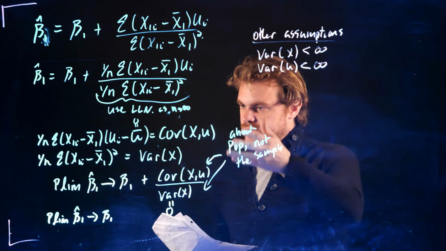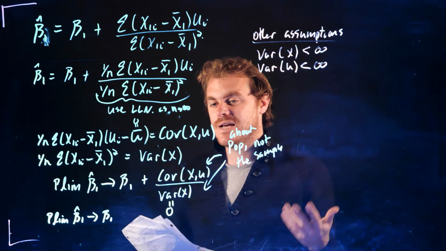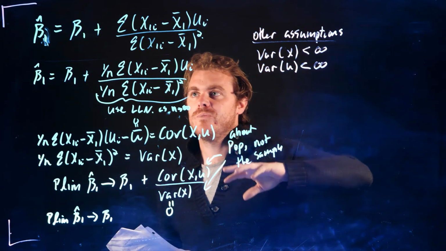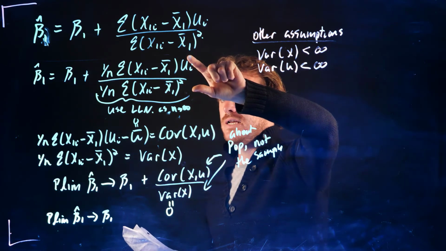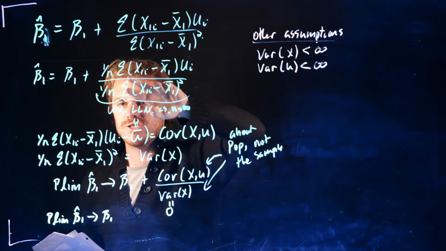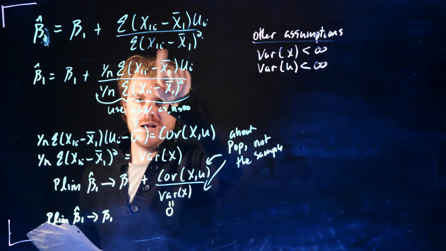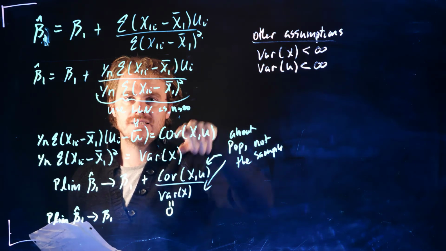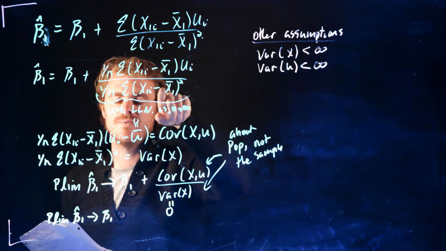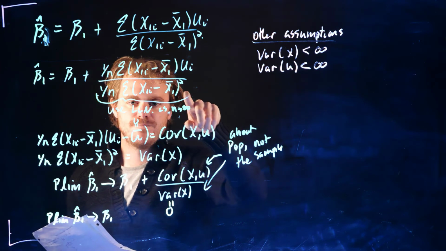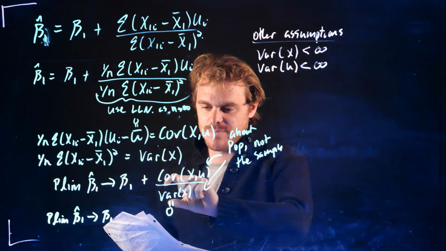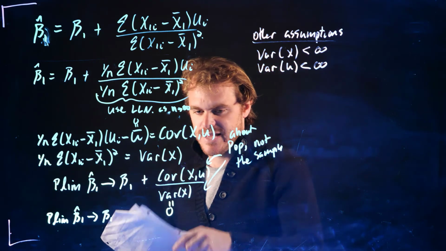All right, so here we just showed that the OLS estimator, the slope parameter anyway, was a consistent estimator. We did a little bit of algebra to get down to this point, then multiplied both the numerator and denominator by 1 over n, so it doesn't change the fraction at all. Then we thought about what these expressions represent: the numerator is the covariance of x and u, and the denominator is the variance of x. As n goes to infinity, they approach their population covariance and population variance.